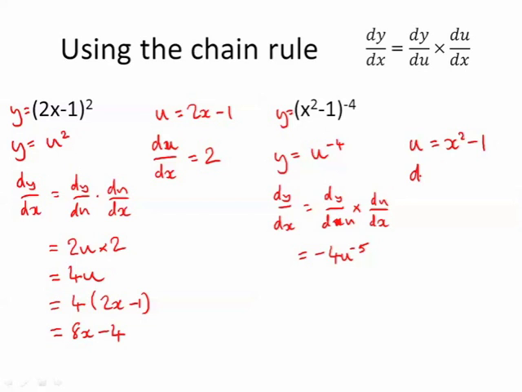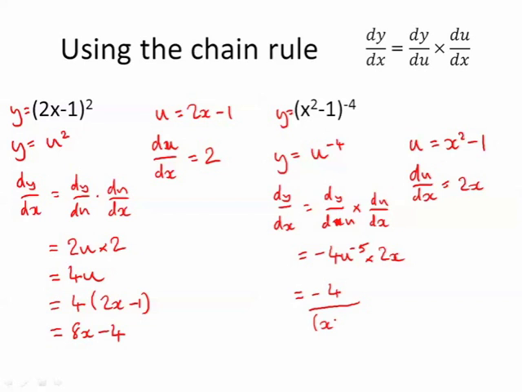du/dx, well, I'll go over to the right hand side and I'll sort that out. du/dx is 2x. So I need to times this by 2x. So this is minus 4. It's u to the power of minus 5, so that's going to be u to the 5 on the bottom of a fraction.